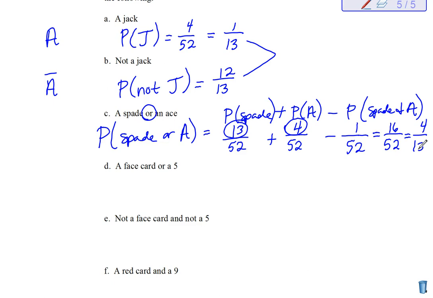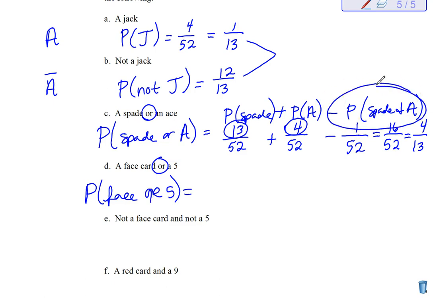Part D, I want the probability of a face or a 5. So same thing, probability that I get a face card or a 5. When I think about this one, these are mutually exclusive. There's not going to be a card that has a 5 and a face on it. So I don't have to think about this piece right here because there's not a 5 that's a face card.